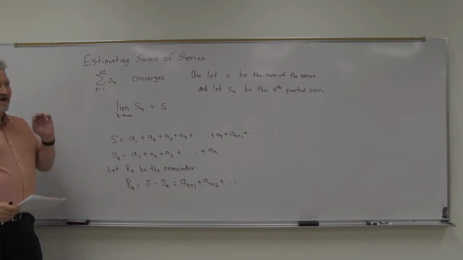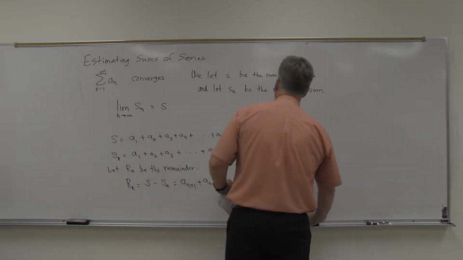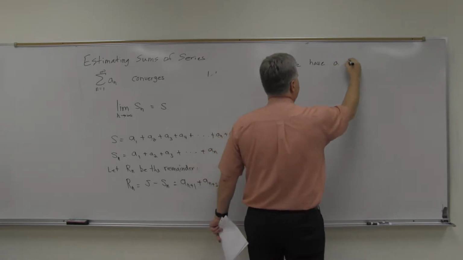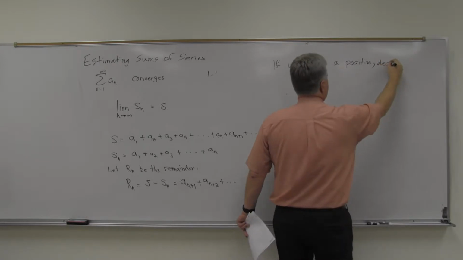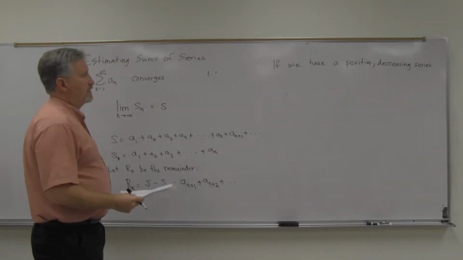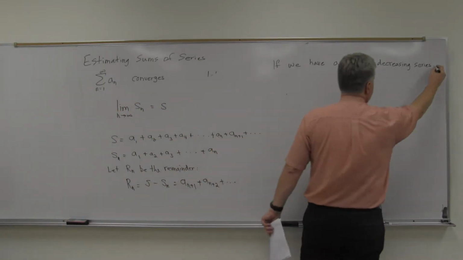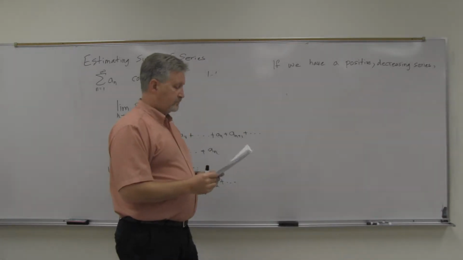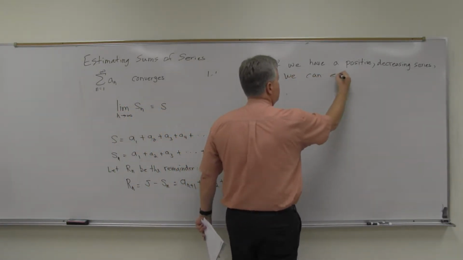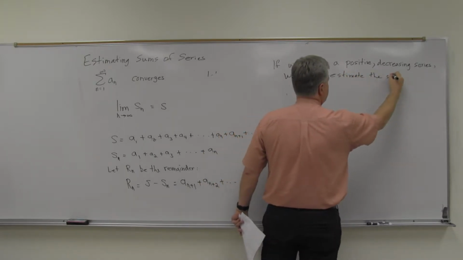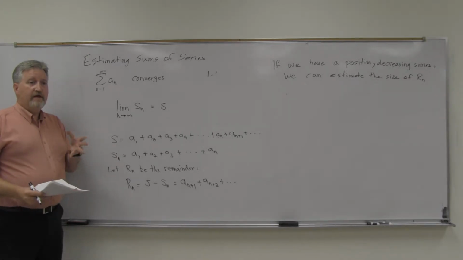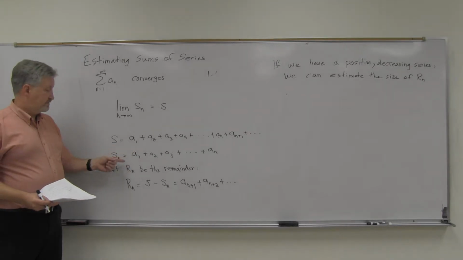Okay? All right, now, if we have a positive decreasing series, it's possible then to estimate our error, or estimate the size of R sub n, which, if you think about it, is going to be the error that we have when using S sub n, right?